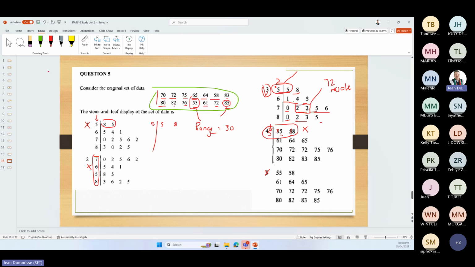We're going to work out the mean or the average, the mode, the median, standard deviation, variance, all of those things we can work out from this one data set. We can look at Q1, Q3. So again, just reiterating the importance of also knowing the stem and leaf for study unit 3.